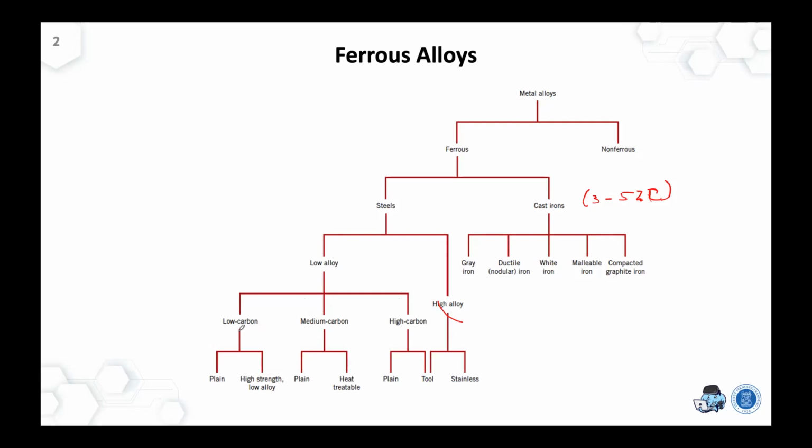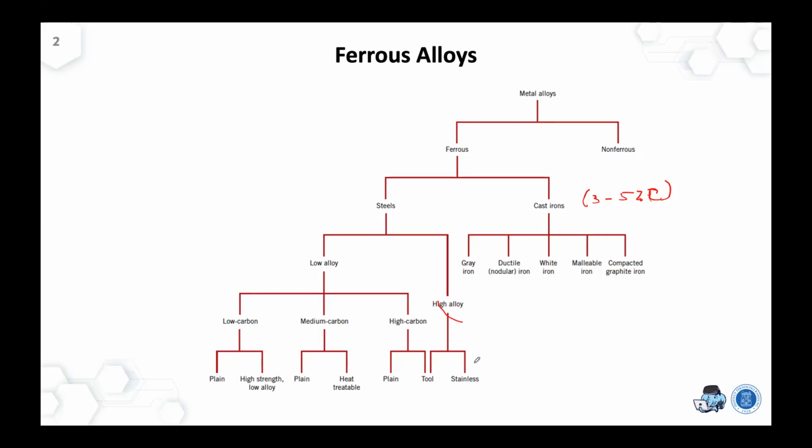That's why the low carbon steel, the plain carbon steel, is quite soft and quite ductile. But if you want a high strength low alloy, sometimes we have some additional alloy, and then it's quite high strength. For medium carbon, it's plain, and there's also heat treatable, and for high carbon itself, we divide it into plain carbon, tool, and also stainless.